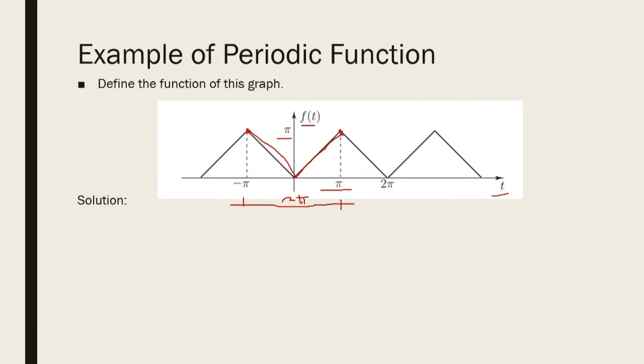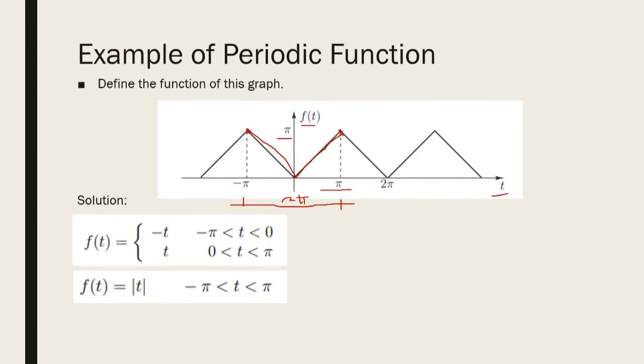So we could define this function: f of t is equal to negative t from negative pi to 0, as you can see here in the graph. And then f of t is t from 0 to pi. More simply, f of t is equal to the absolute value of t from negative pi to pi.